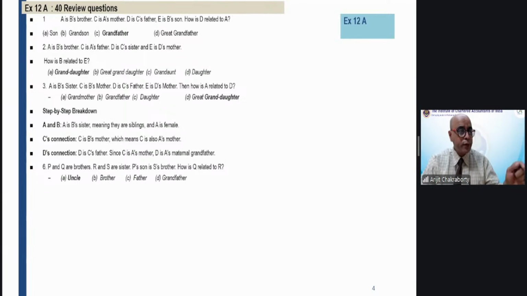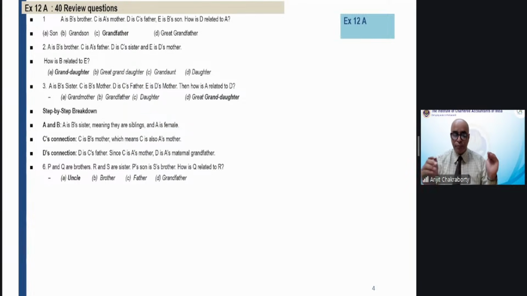The third statement says P's son is the brother of S. So please try to decode. P's son is the brother of S. Fine. Next, we have the question, how is Q related to R?